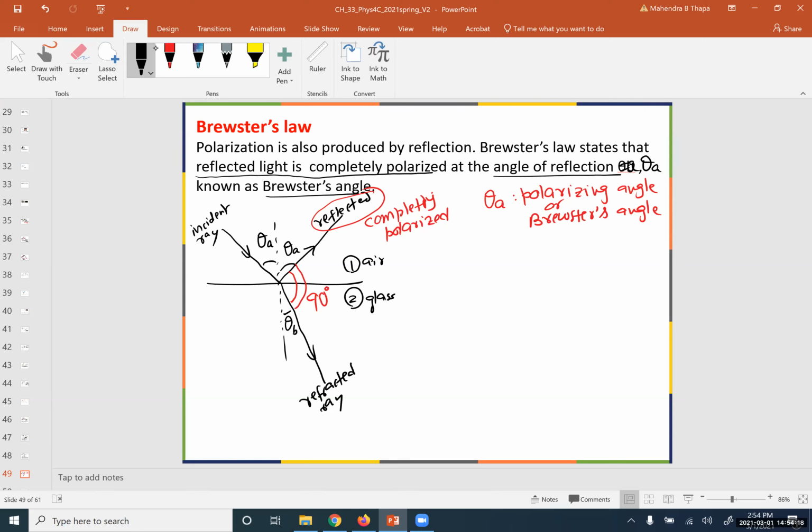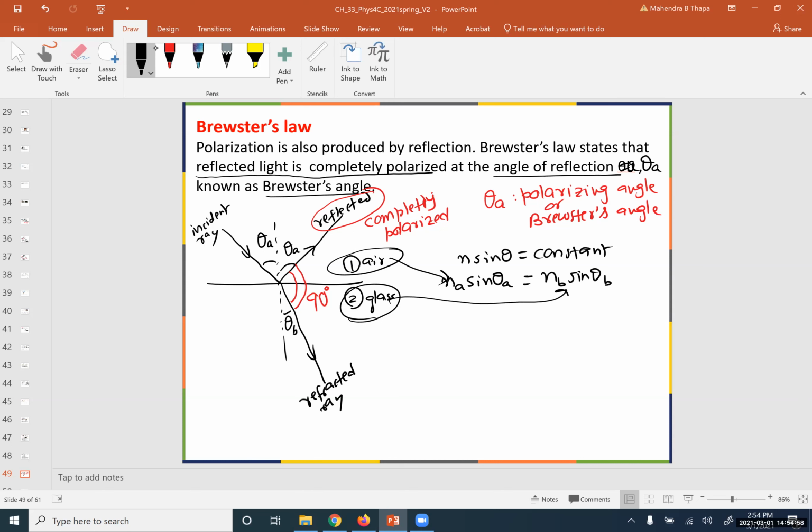We know n sine theta equals a constant. Using this concept, we can write NA sine theta A equals NB sine theta B. This medium is the first medium, medium A, and this is the second medium.